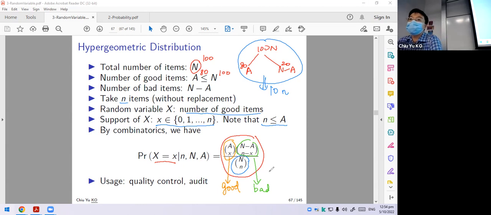Is that okay? If you're not really convinced, you can convince yourself the following. In the case of 100 iPhones, what you're going to do to convince yourself this is right is the following. You have 1, 2, up to 80.